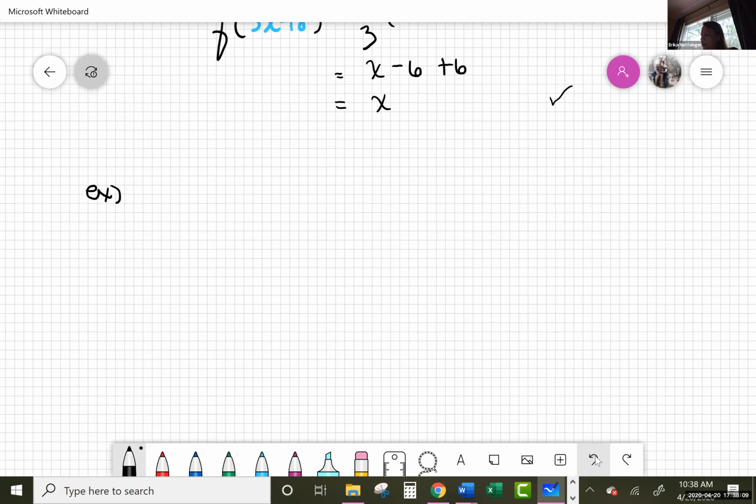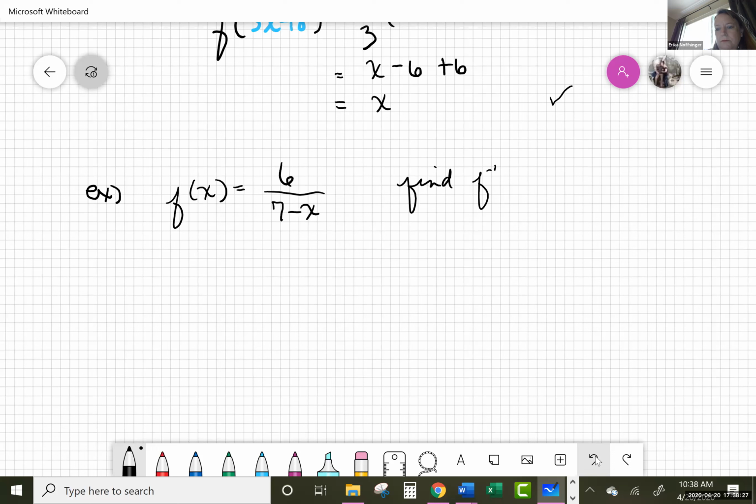So what if you were given f of x is equal to 6 all over 7 minus x, and you want to find the inverse function?